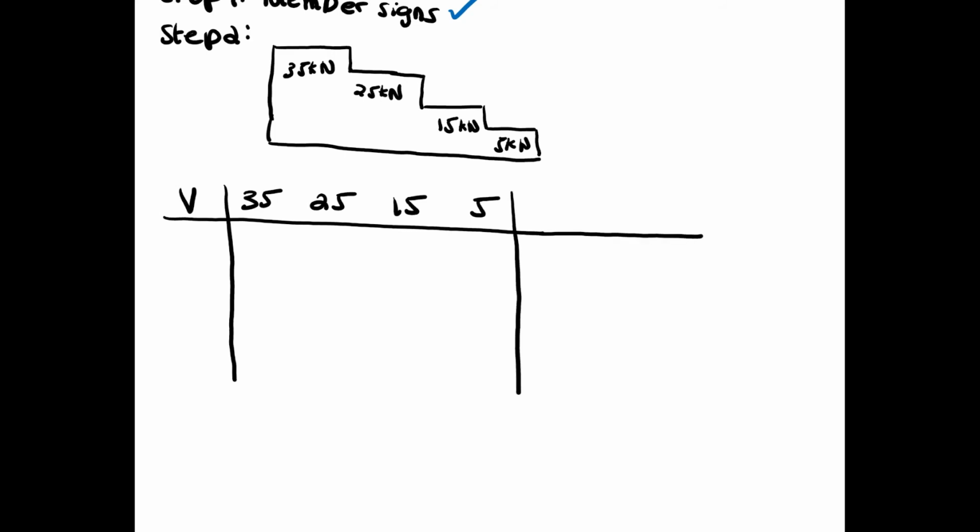And then we also want to have another category in our chart called member type. And with our member type, we are going to draw out each of our members. So our first member type is our diagonal member, and our diagonal member has both a horizontal and a diagonal component that we want to determine values for.